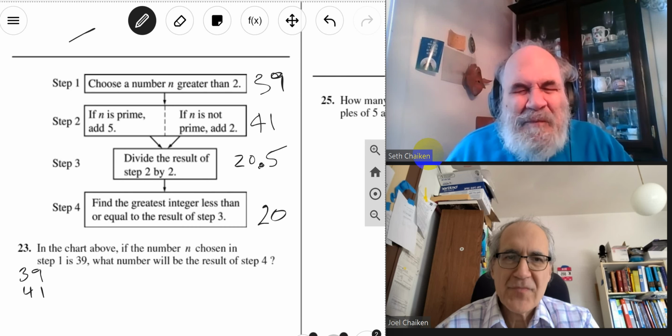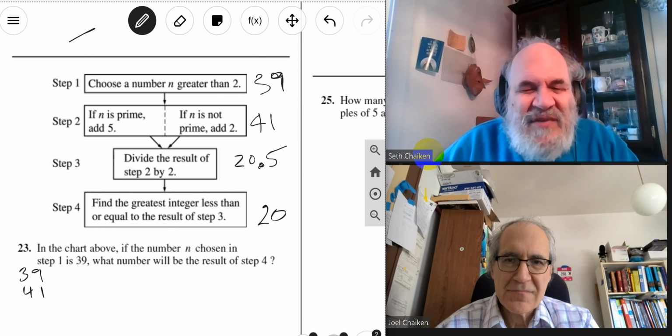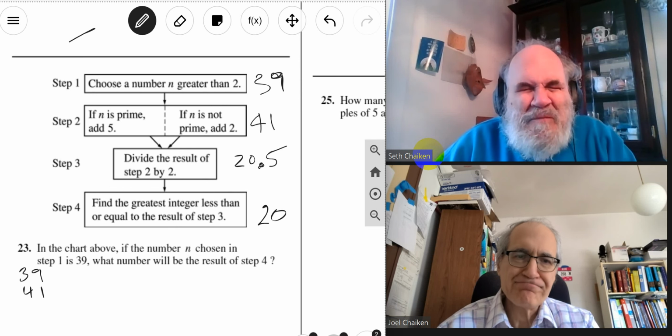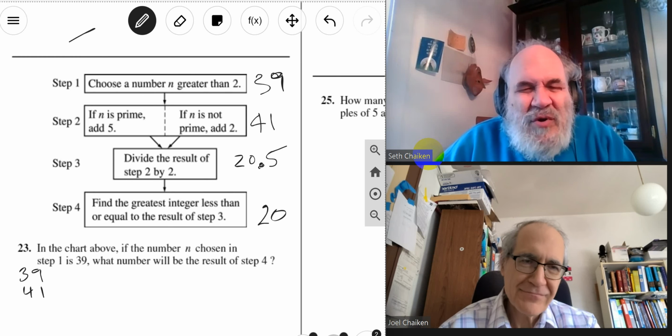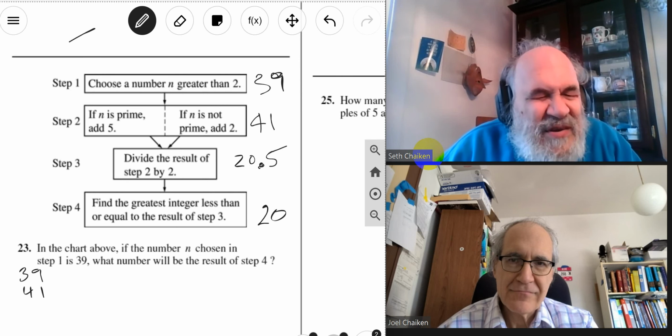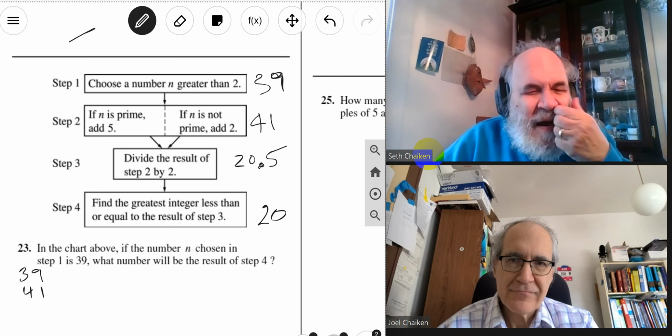When it's written this way, where the steps are described precisely but not in the form of a programming language, it is called an algorithm. So this is an algorithm with 4 steps, and the question is, when the input to the algorithm is 39, what is the output?